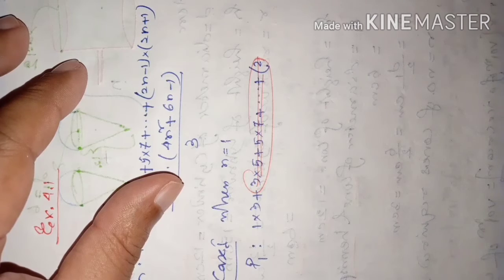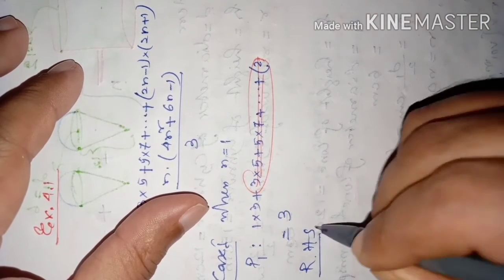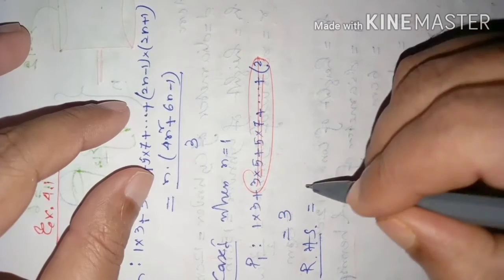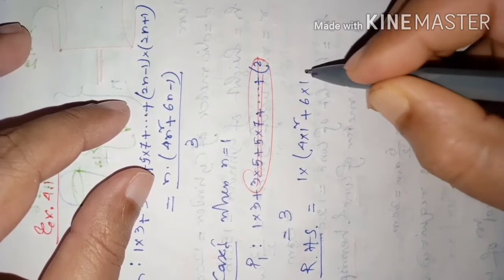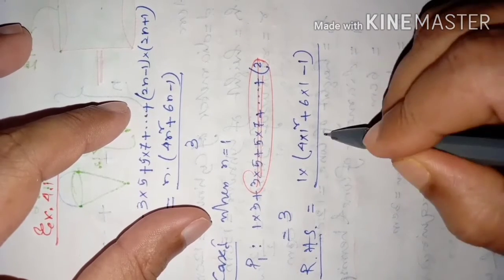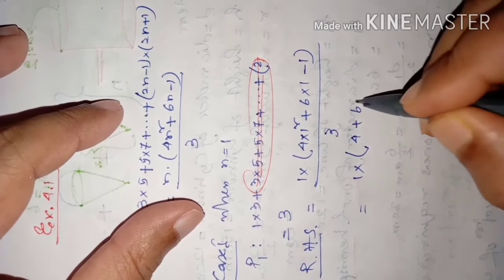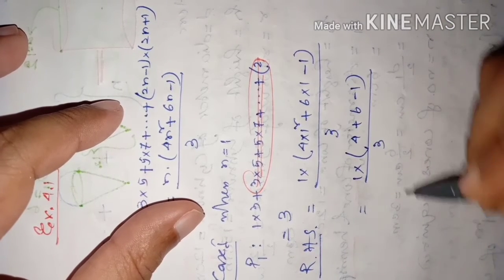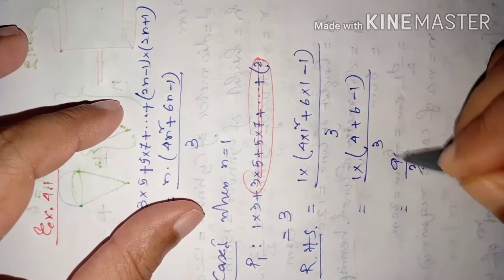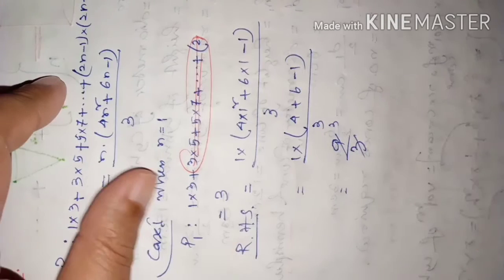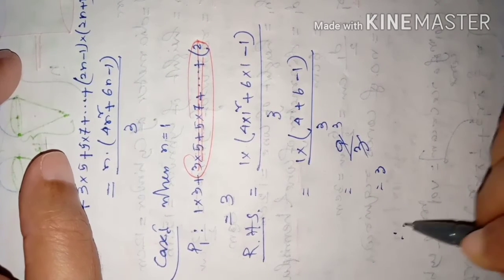So 1 into 3, that is equal to 3, and the right hand side of the statement for n equal to 1 will be 1 into (4 into 1 square plus 6 into 1 minus 1) divided by 3, which is 1 into (4 plus 6 minus 1) divided by 3. So 4 plus 6 is 10, minus 1 is 9, 9 by 3. So 3 cancels 9, that is equal to 3 only. So the result is 3. So for n equal to 1 it is established. Therefore P1 is true.